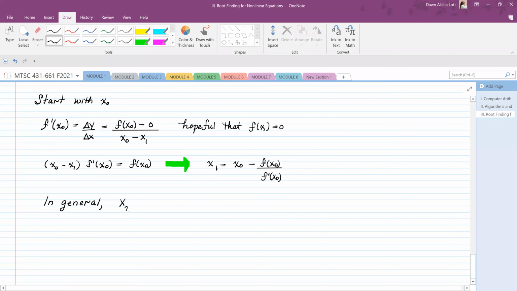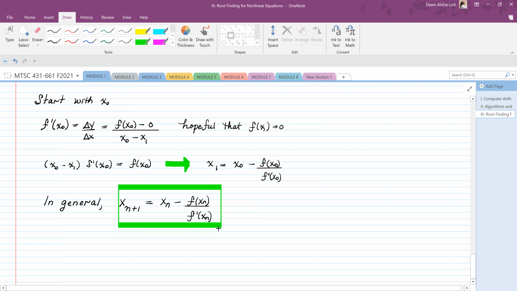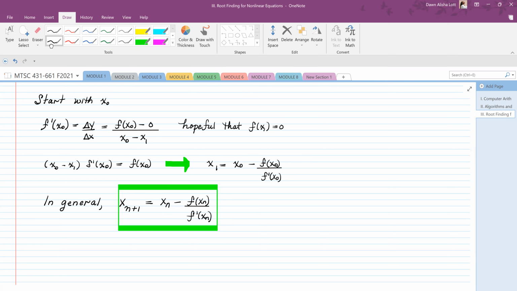That is that x n plus 1 is going to take the one before, subtract off f of xn, and divide by f prime of xn. I know you guys have seen this before. You may not have coded it, but you definitely have seen it. Okay, so this right here is Newton's method.